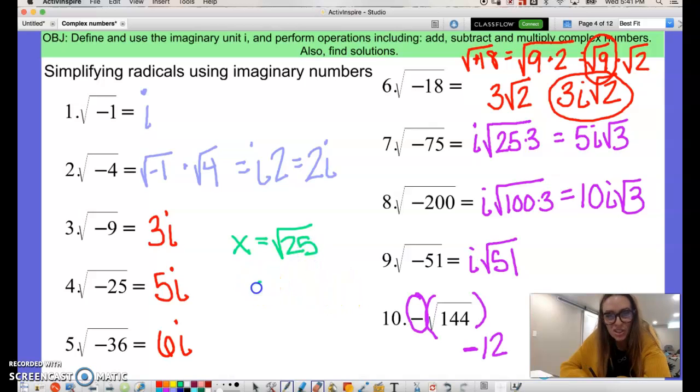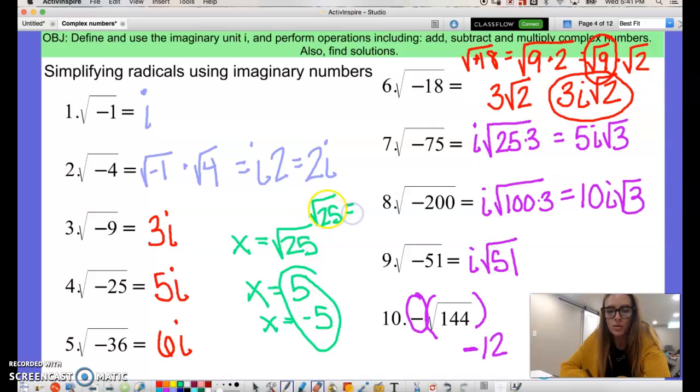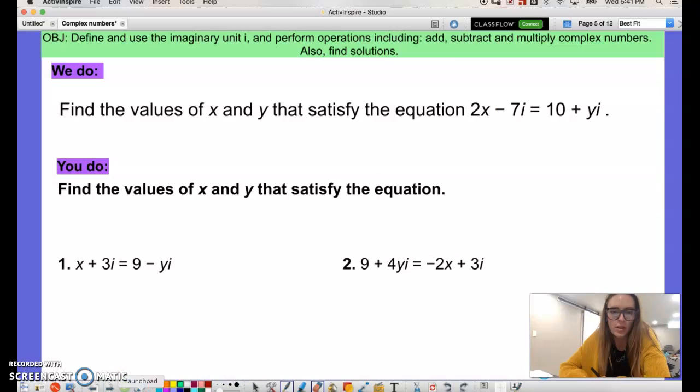X actually could be 5, and x actually could be negative 5. So we have to consider our plus or minus option in this case because we were solving for x. If it just tells us the square root of 25 equals, well, there is no option there. It's just 5. Okay? All right, moving on.